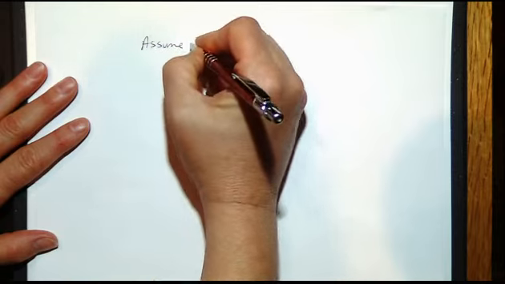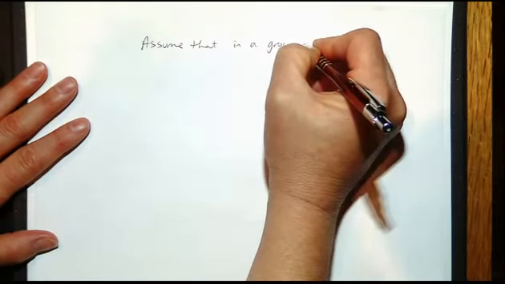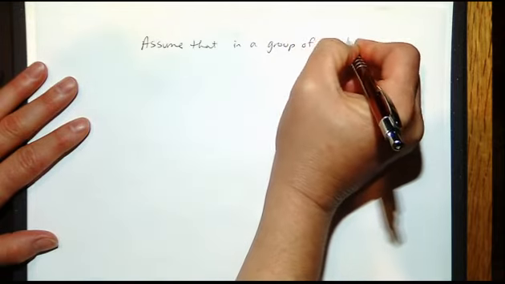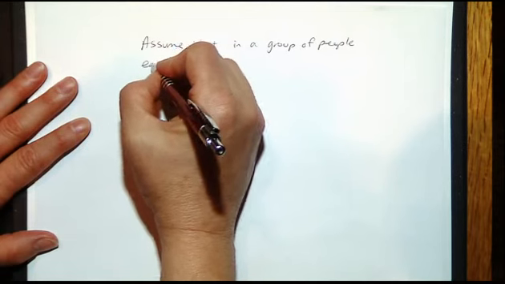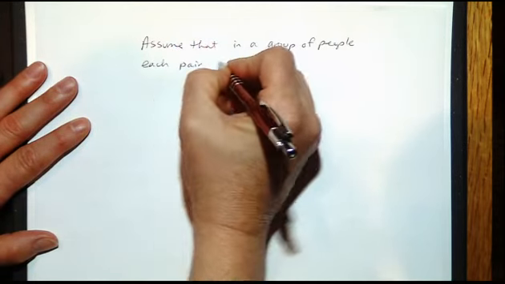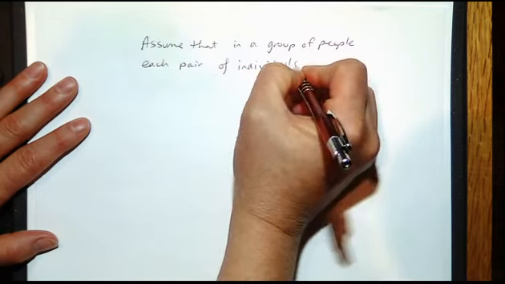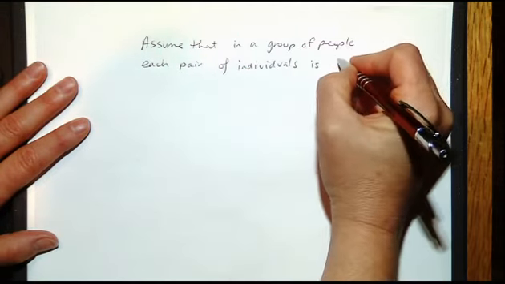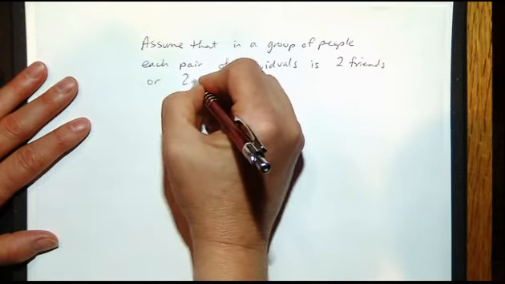So the problem is, assume that in a group of people, each pair of individuals is either two friends or two enemies.